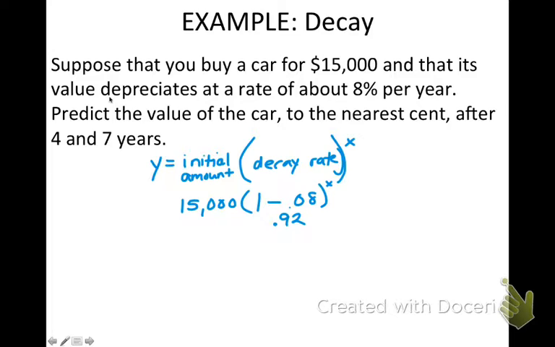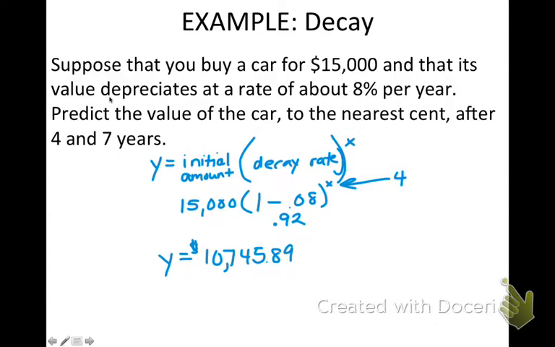What am I going to input for x for 4 years? 4. So let's plug in 4 into our calculator. 15,000 times 0.92 to the 4th is $10,745.89. That's how much your car is worth after 4 years.